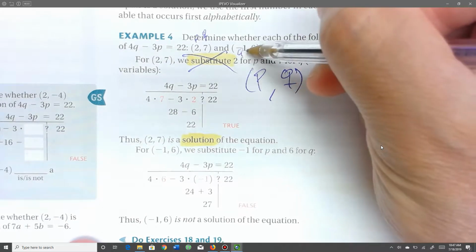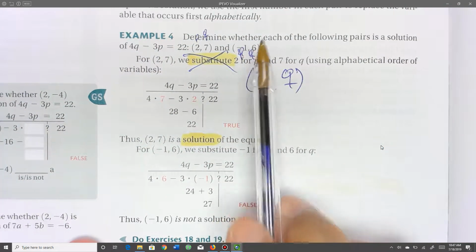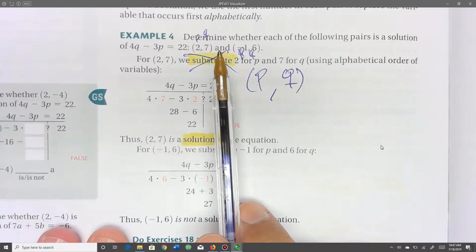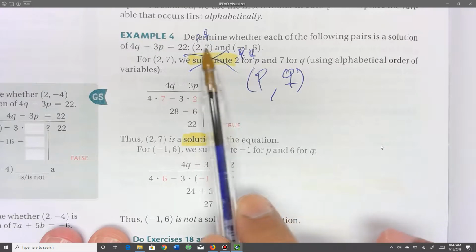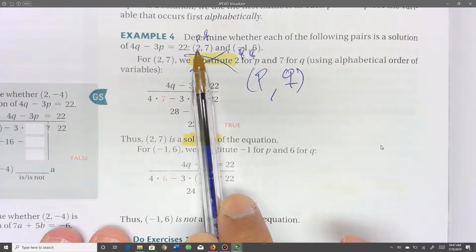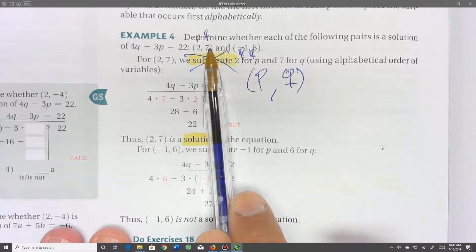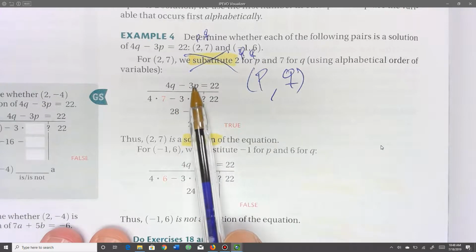Yeah, so now we know which variable is P and which variable is Q. Okay, so we said that P comes first, therefore the number 2 is P, so that goes here.